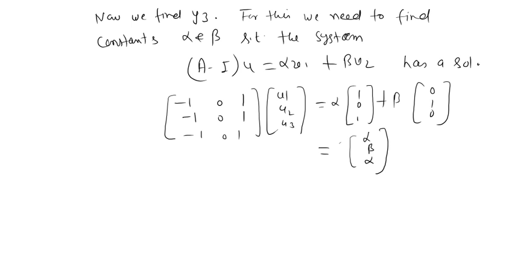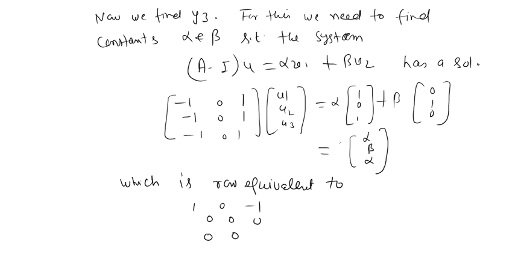So solve this system. This is a non-homogeneous system, so you can write the row equivalent form, which is (1, 0, minus 1), (0, 0, 0), (0, 0, 0), making maximum zeros. This is matrix A minus I, and the right hand side is minus alpha, beta minus alpha, and 0.